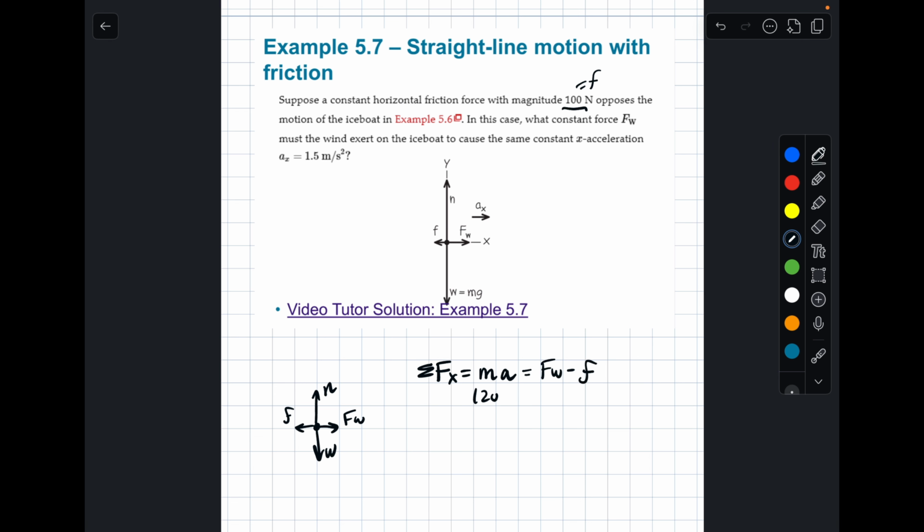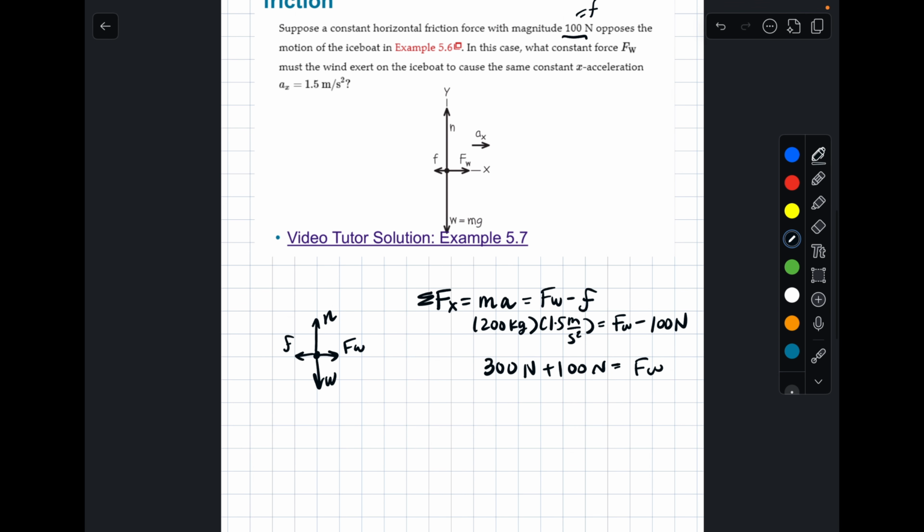So we plug in everything we know, solving for the new wind force, and we get 300 newtons plus 100 newtons equals the new wind force that must be required. So the wind must push an extra 100 newtons in order to compensate for the frictional force, which I think makes complete sense when you say it like that. And now you see how the math supports that.